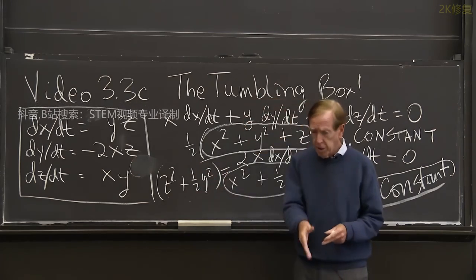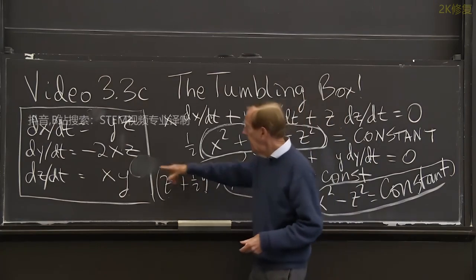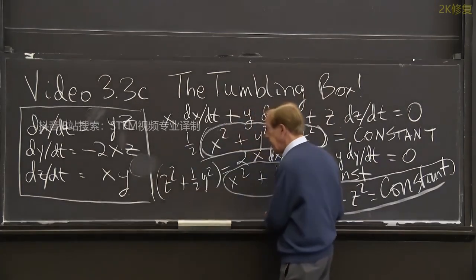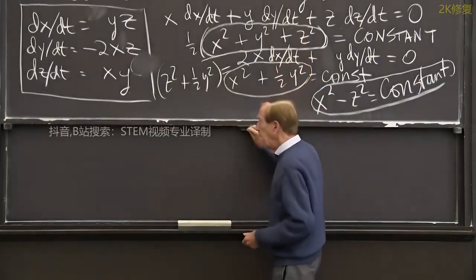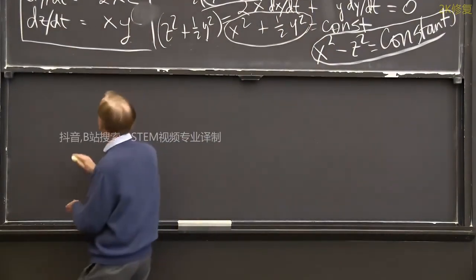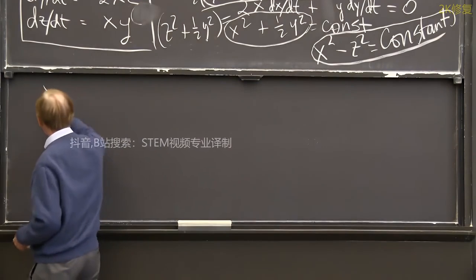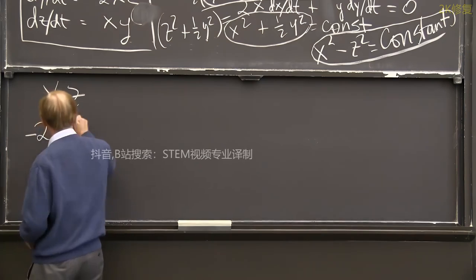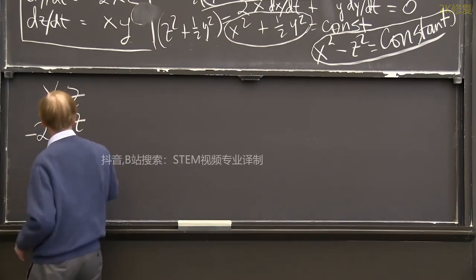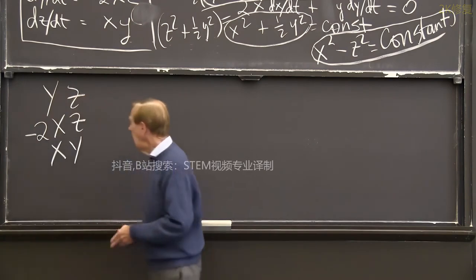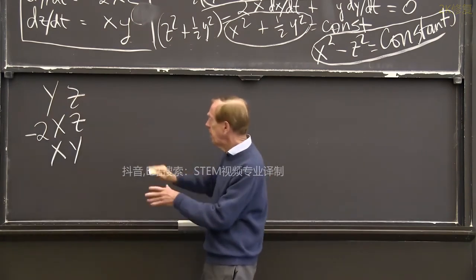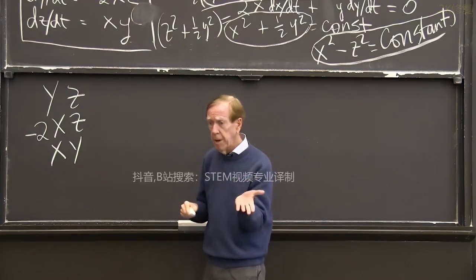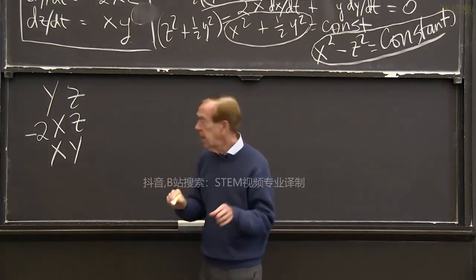Now, here are my right-hand sides, yz, minus 2xz, and xy. I wrote those in capital letters because those are going to be my steady states.